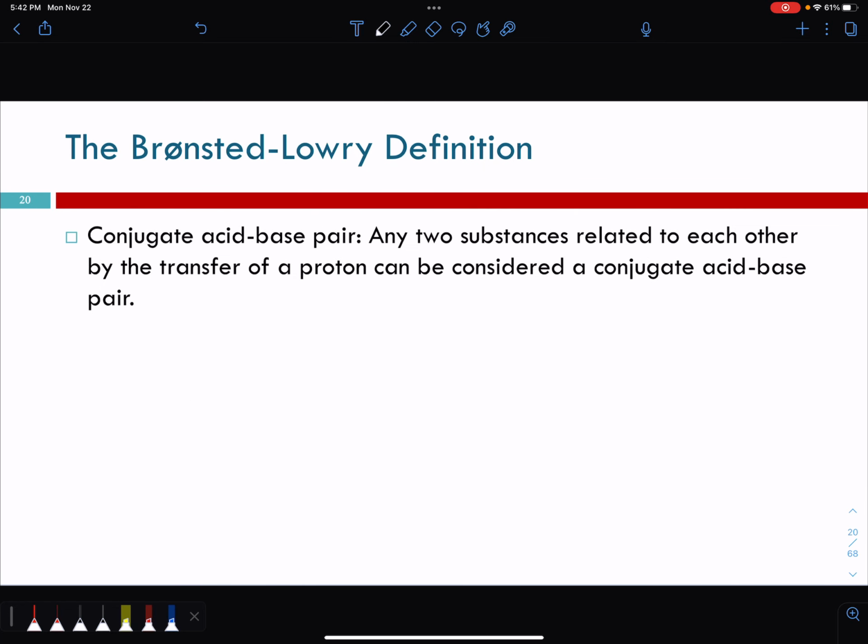So conjugate acid-base pairs, again, any two substances related to each other by the transfer of a proton. So HCl is an acid, and its conjugate base would be Cl minus.